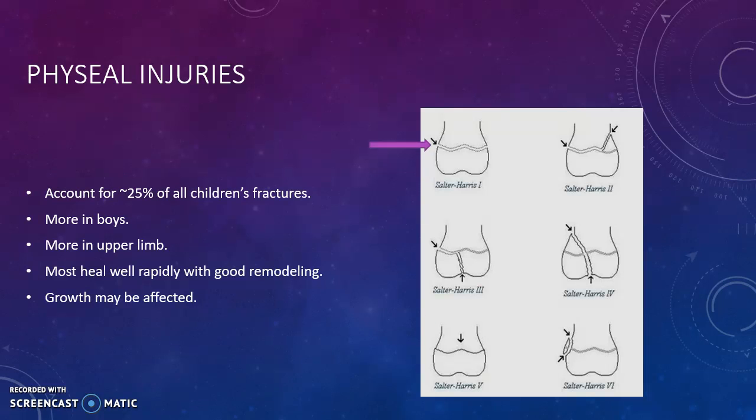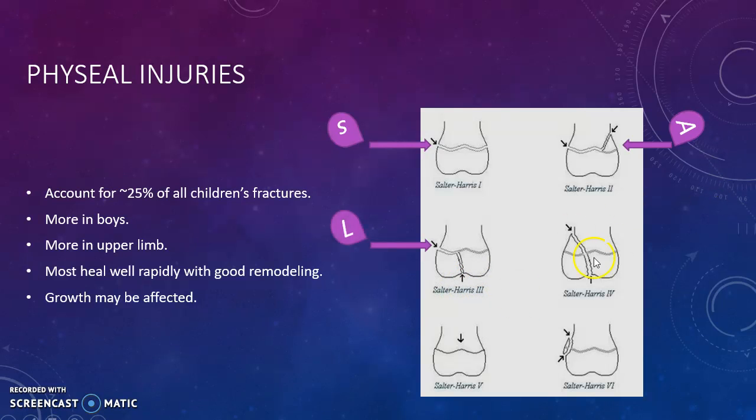Type 1 is straight through the physis. That is what the S in Salter stands for: straight through the physis. Then Salter-Harris type 2 goes above the physis. Then comes the Salter-Harris type 3 fracture, which extends from the physis lower, through the epiphysis.